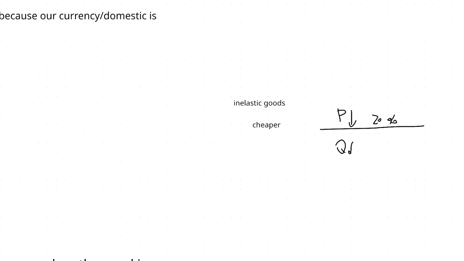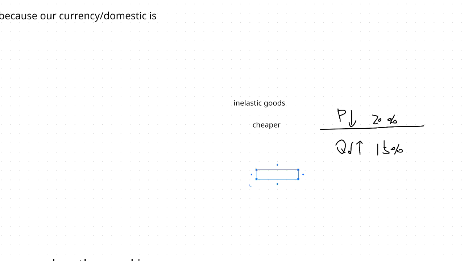So when we have inelastic goods, if the good becomes cheaper, so the price will decrease by, let's say, 20%, we will see a smaller percentage change in quantity demanded. Okay. So with a cheaper price, obviously consumers are going to consume more, but this more is less than 20%, so maybe 15%.